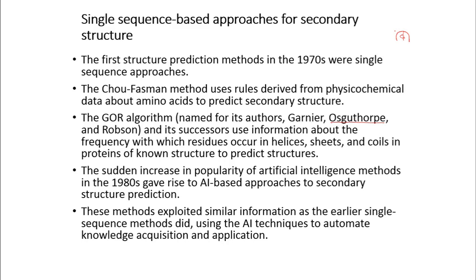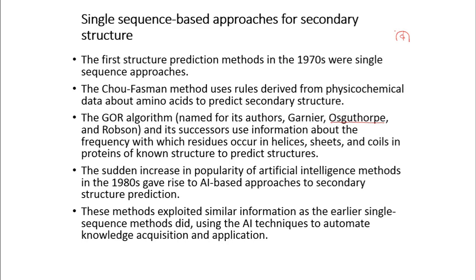These people relied on the frequency with which a certain residue might be present in a certain secondary structural state. When the GOR algorithm was proposed, a few structures were already determined, and these guys tried to build a consensus: how many times is this Arg present in an alpha helix, or how many times is it present in a beta sheet?